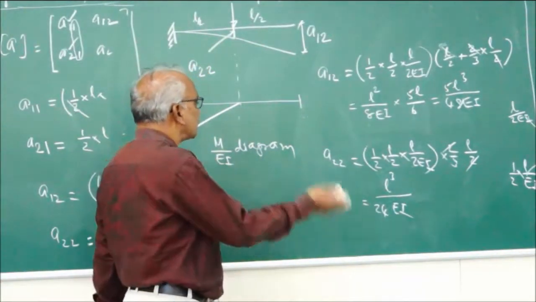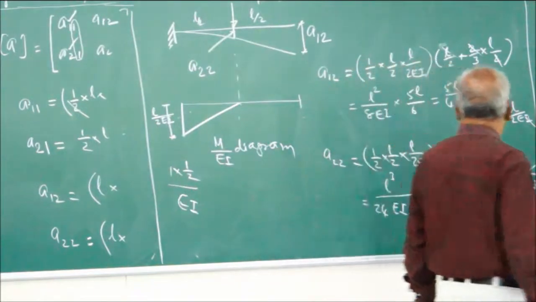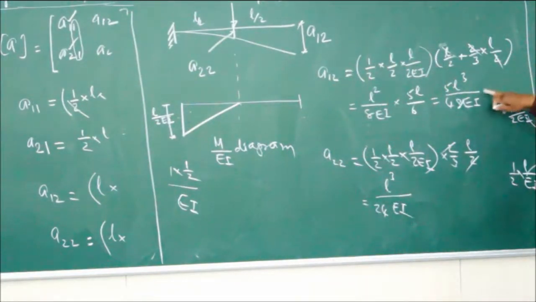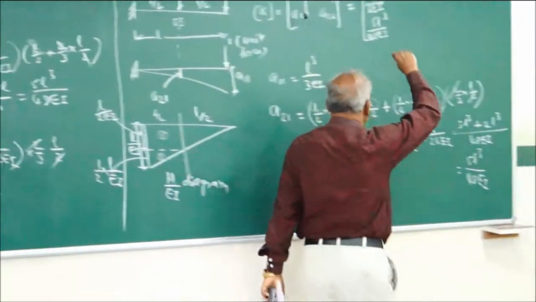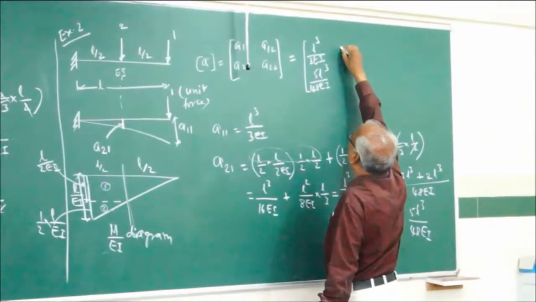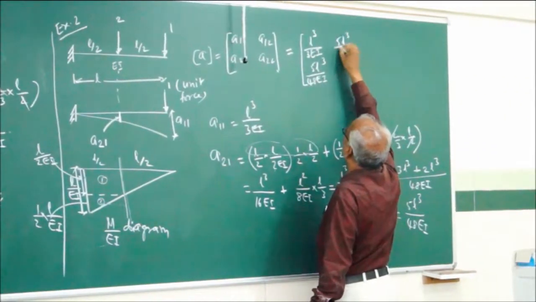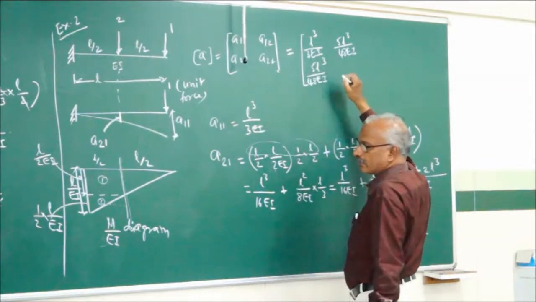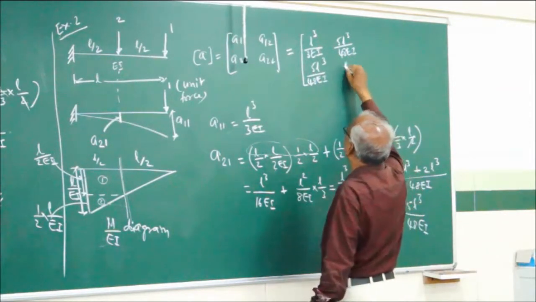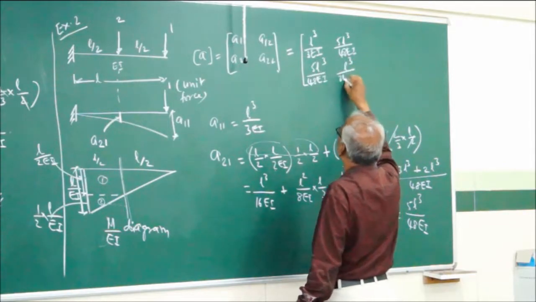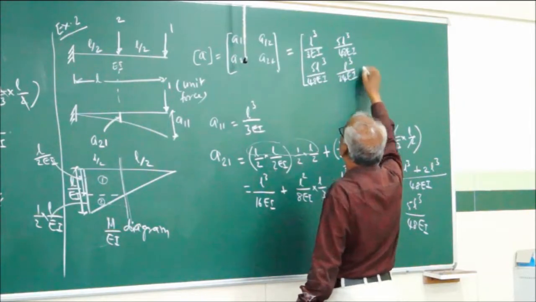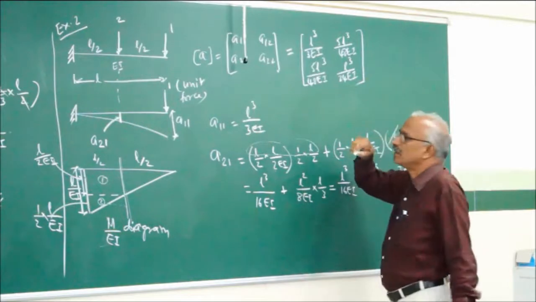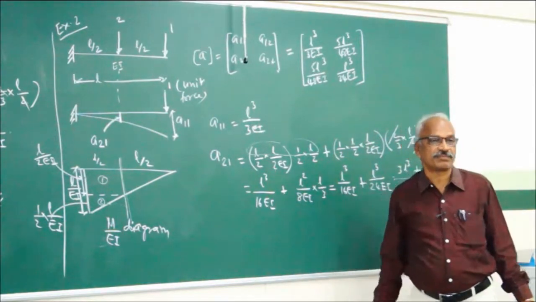Therefore, the second column of the flexibility matrix will be A12 is 5L cube by 48 EI and A22 is L cube by 24 EI.